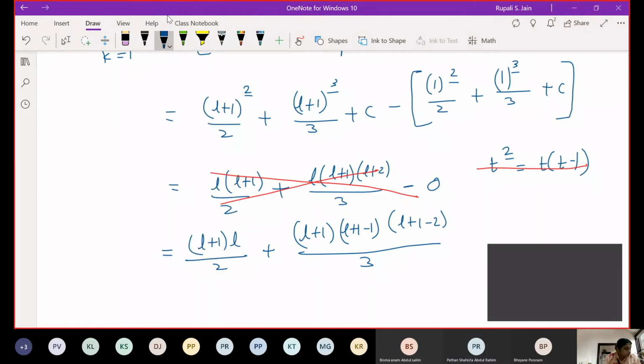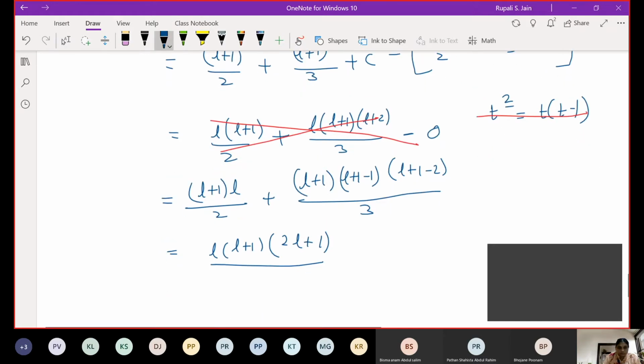So I got this one, and now you can simplify it.